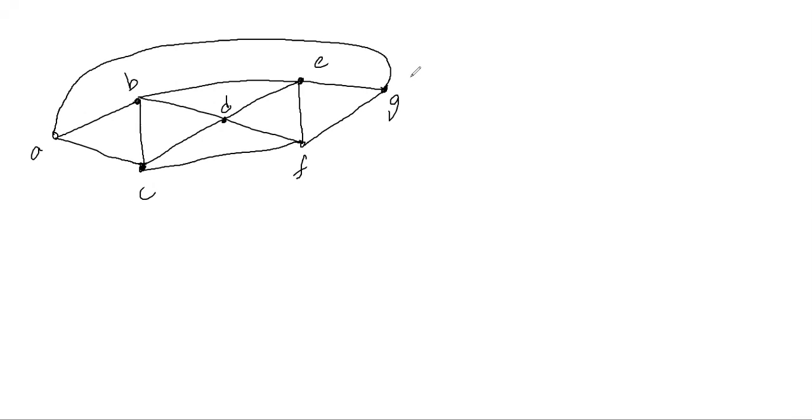Assume I'm giving yellow for vertex G. When you give yellow, you don't have the right to give yellow to the adjacent vertices. So you cannot give it to F, you cannot give it to E, and you cannot give it to A also, because they are adjacent vertices. So I give yellow here for D vertex.